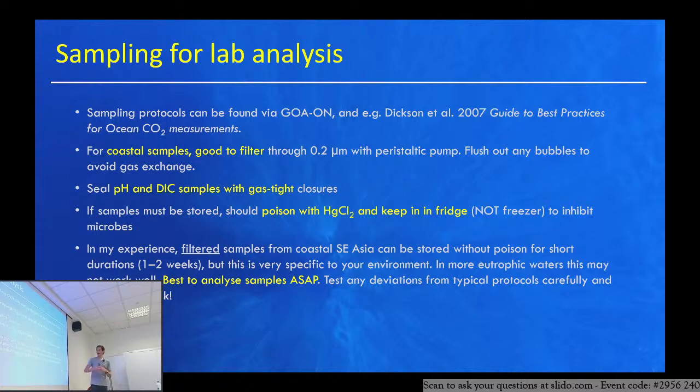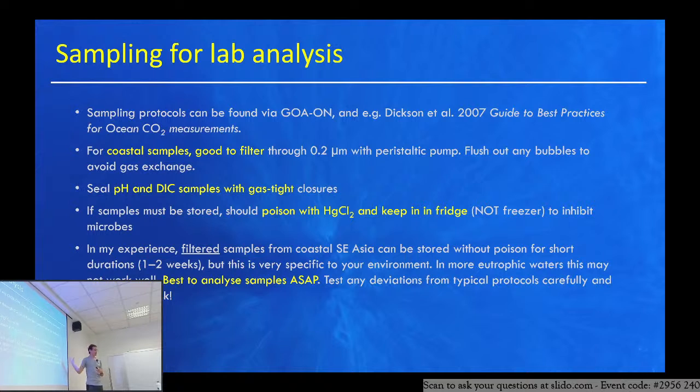Now, there are other experts who are possibly even more expert at all of these measurements than me. In my experience working here in Southeast Asia, in the mesotrophic to oligotrophic areas we've been sampling, once we filter the samples and refrigerate them, we tend to be okay storing them for a couple of weeks without poisoning.